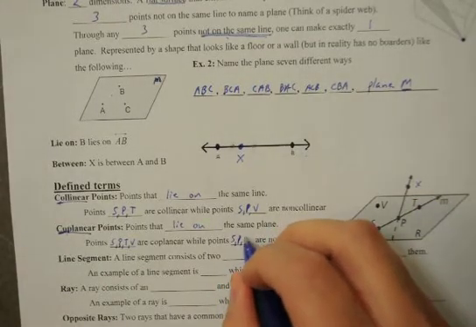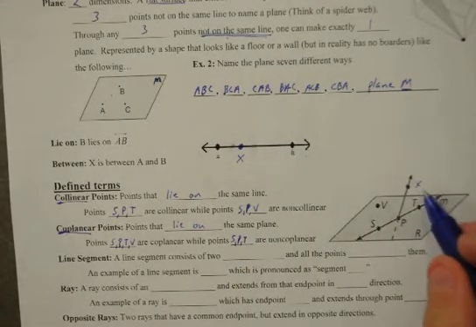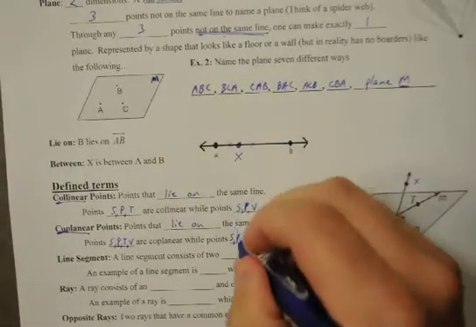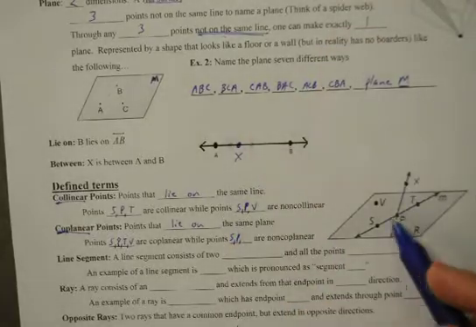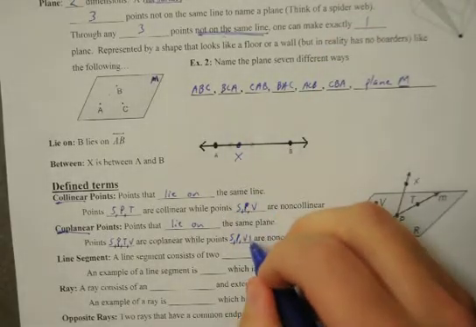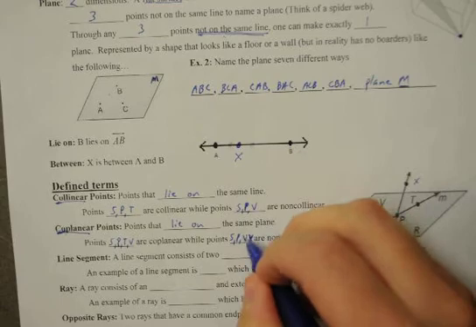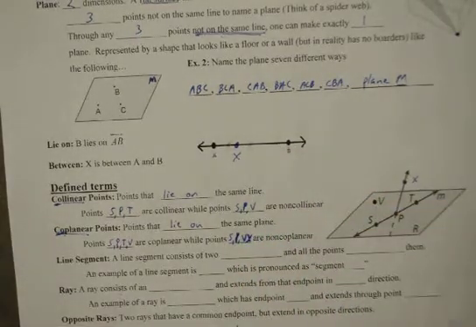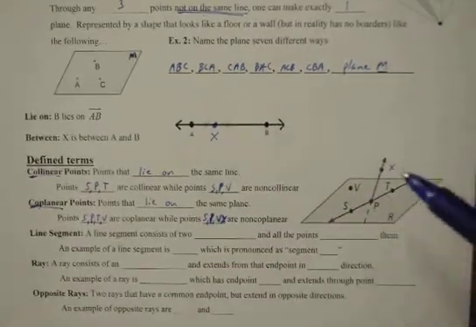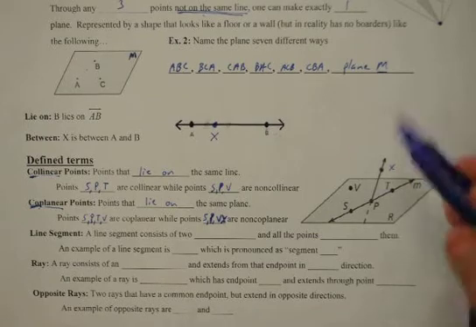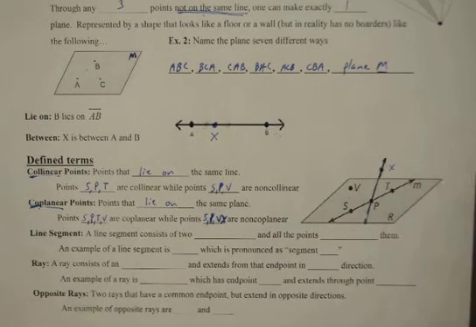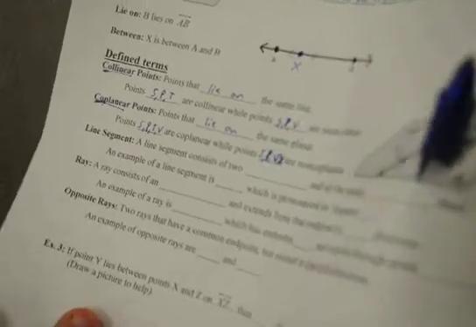S, P, V, and X. You don't really get the perspective here because it's on a flat piece of paper, but what's really happening is this line right here is really shooting out through the plane.